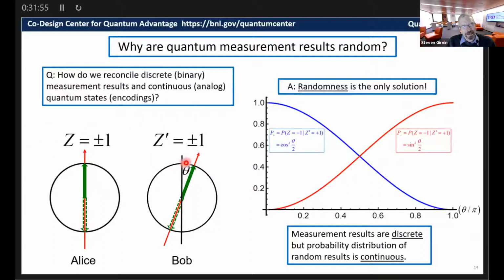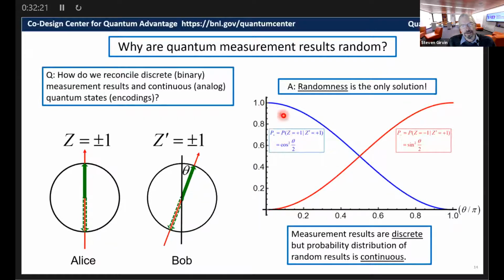If Bob turns his axis through pi, then the results will also be deterministic, but just opposite to what Alice will measure, the opposite of what Bob did. But partway through, like at theta equals pi over 2, then Alice will just get a 50-50 even coin flip on each of her measurement results.